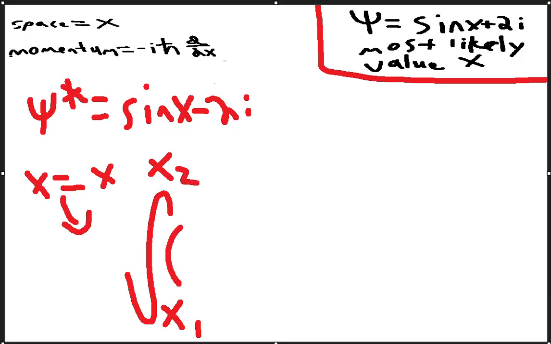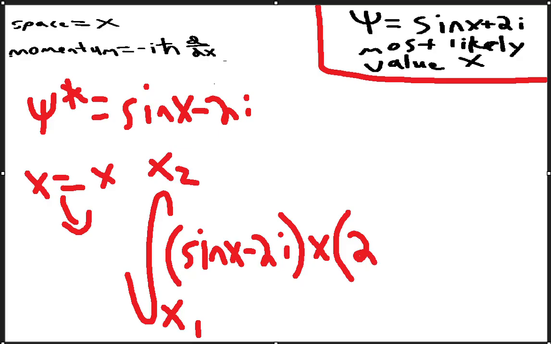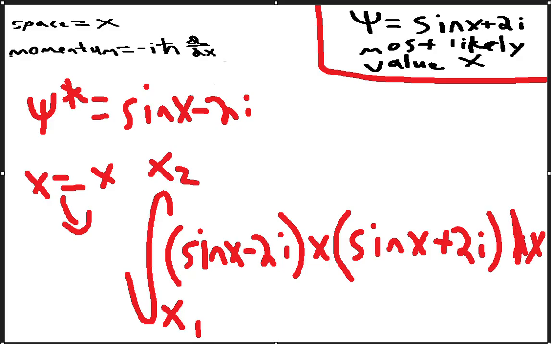Here we'll put psi star, so sine x minus 2i, times x, and then times the other thing, sine x plus 2i, dx. And this looks kind of lengthy, and I will admit it's a tricky integral to solve. If you know any integrals, you will know that this is a little challenging. But this formula will give us the most likely value of x.